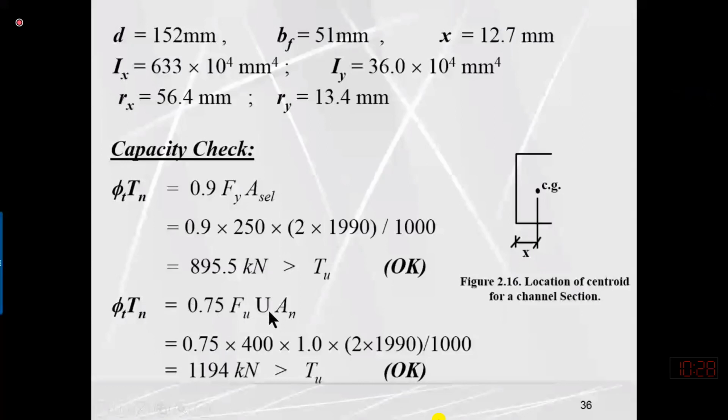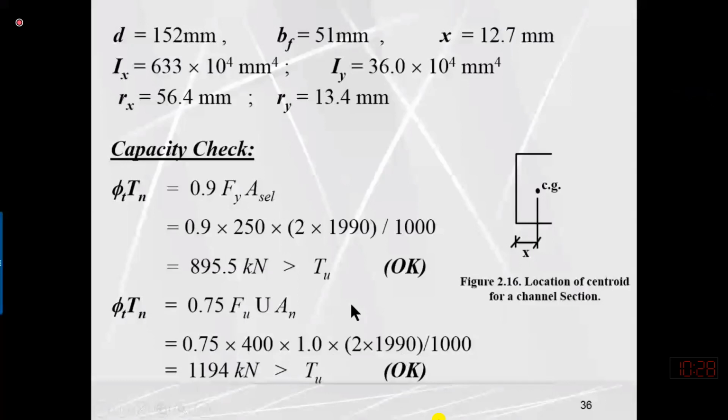For the welded connection, we may assume U value equal to 1, so 0.75 Fu, and net area will be equal to gross area because we haven't punched any hole. So 2 into 1990 divided by 1000, and the capacity in rupture is 1194, which is more than Tu. So the capacity check is okay.